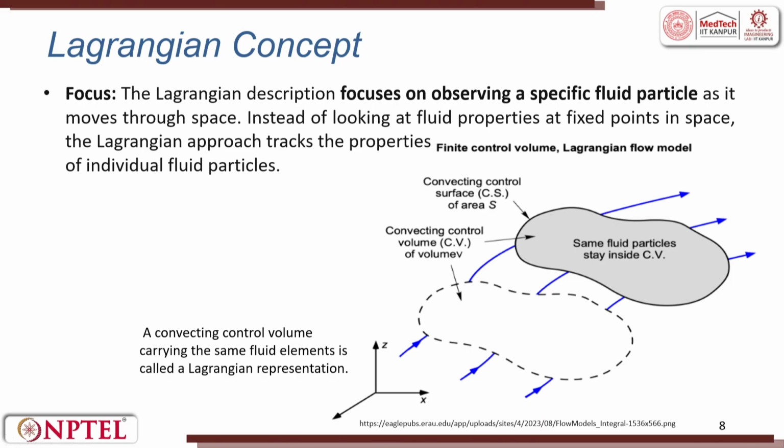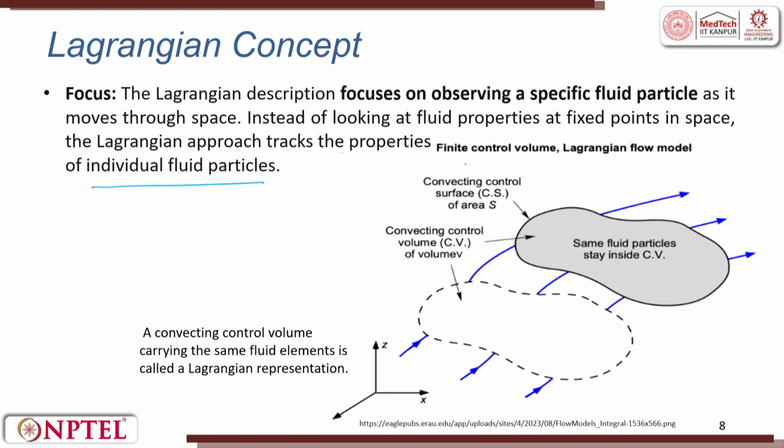So, the Lagrangian description focuses on observing a specific fluid particle as it moves through space. Instead of looking at a fluid property at a fixed point in space, the Lagrangian approach traces the property of individual particles.